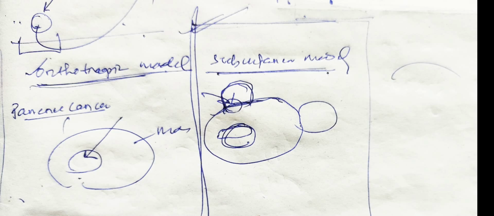For example, in mouse pancreatic cancer, we have to cut the pancreas and put the cancer tissue completely inside, in between the organ, and then stitch the organ and cover it. This way we can do the orthotopic model. But this technique is very complicated and riskier compared to the subcutaneous mode of infection, where we simply place our desired tumor or cancer cell on the surface of the organ.